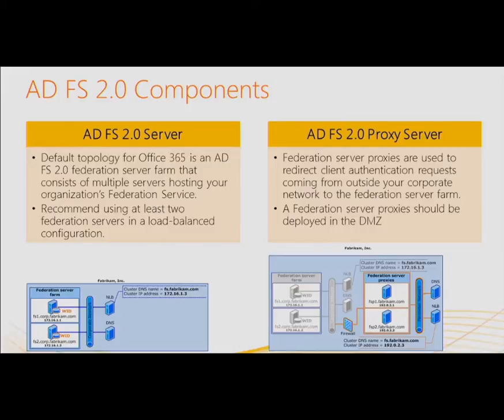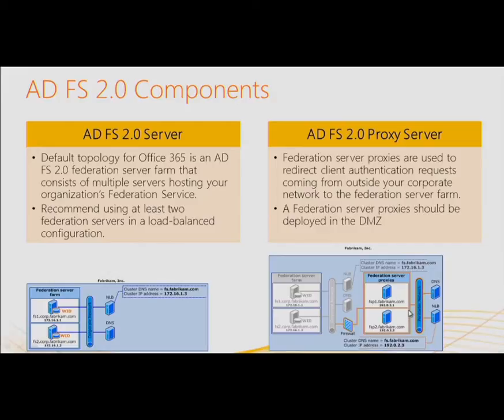Then we have another role for ADFS. It is called the ADFS proxy server. This server instead will not be inside your corporate network like the ADFS server, it will be outside your corporate network, usually in a demilitarized zone. And this server will not be part of your local Active Directory.